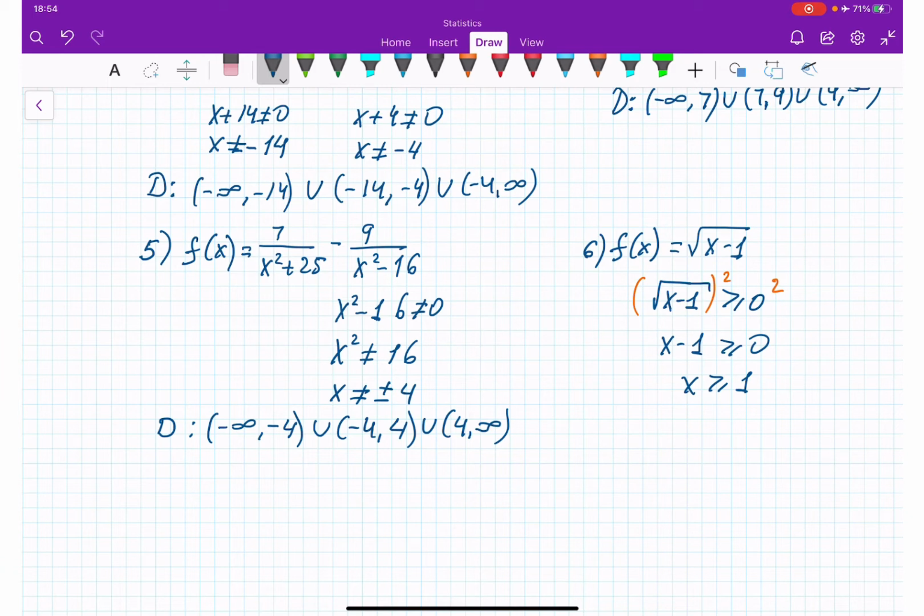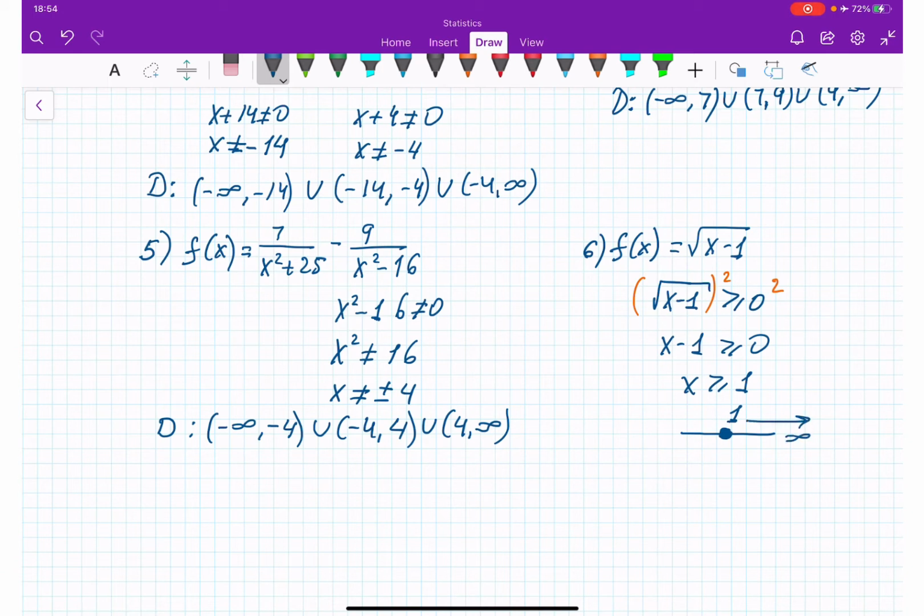As long as it's 1 or more, on the number line it's going to look like that. I'm going to fill in a solid circle. That means 1 is included. It's going to be 1 or greater.